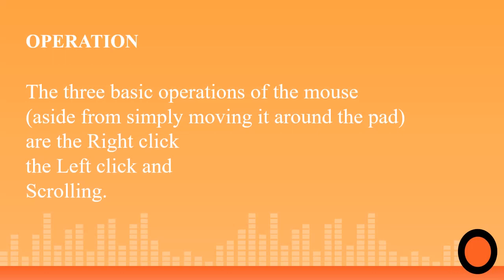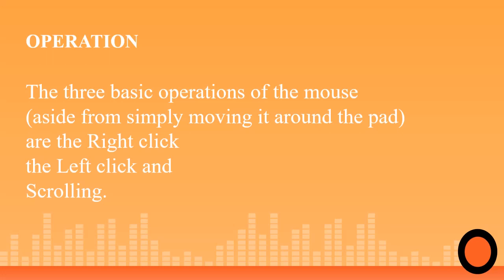We will now talk about the operation of the mouse, or what does the mouse do? The three basic operations of the mouse, aside from simply moving it around the mousepad, are the right click, the left click, and scrolling.